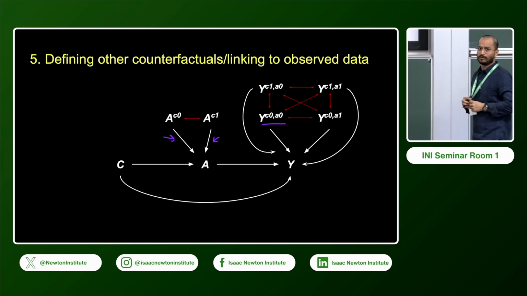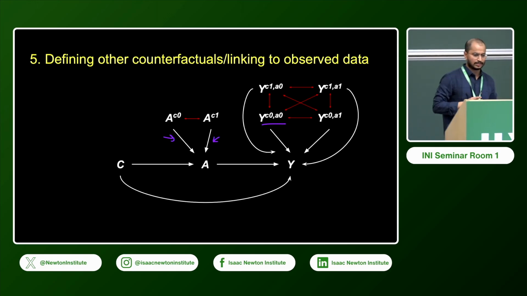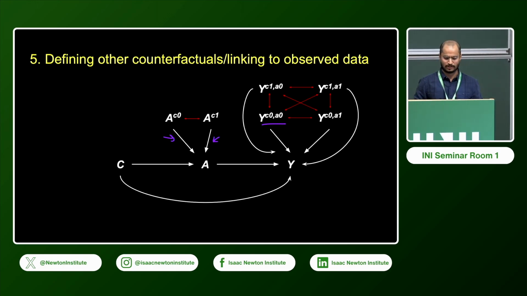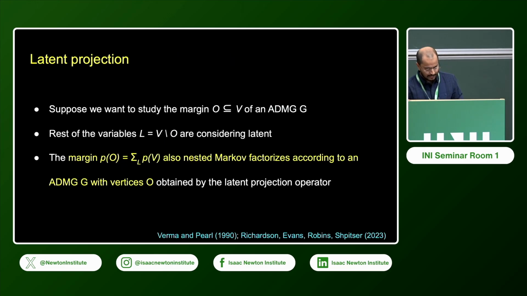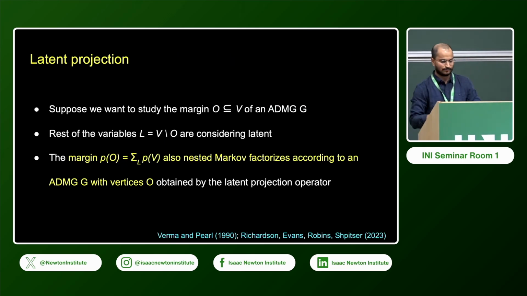What I mentioned at the start of this talk is that really what we're interested in is single world parameters, because cross-world parameters are usually not identified, unless you make some very strong assumptions. And so latent projection is a way of studying the margins on various variables.